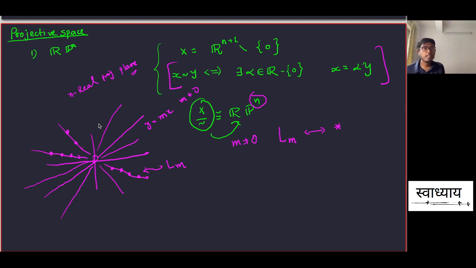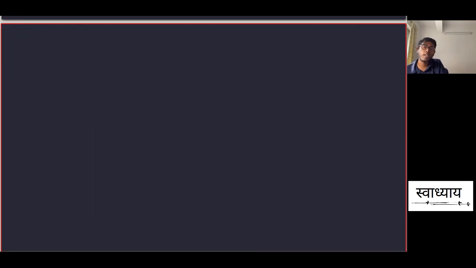Okay. And the same thing we will be doing in the complex projective plane. We'll be considering Cn+1 minus 0, and consider a line and identify it to one point. But we'll see it in a different way. Now, a second way to define this projective plane is via the sphere.